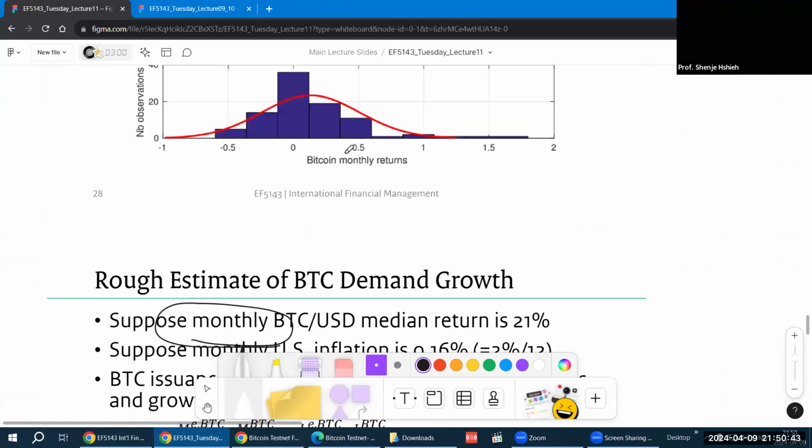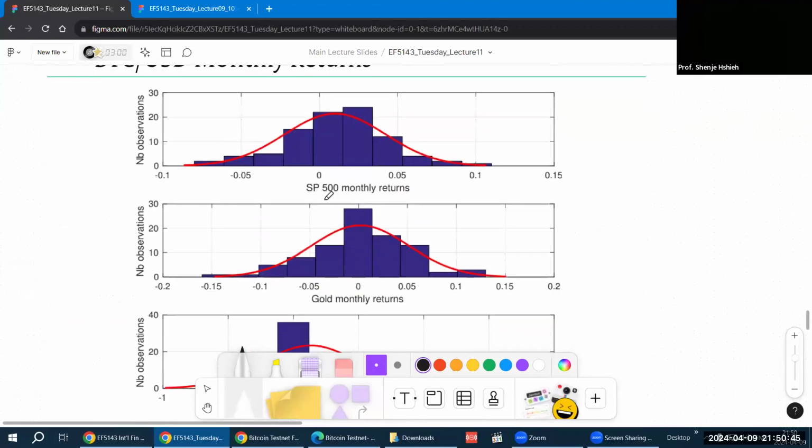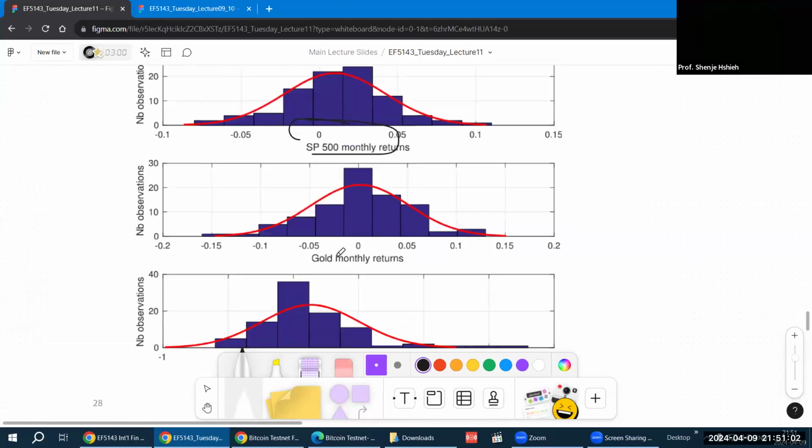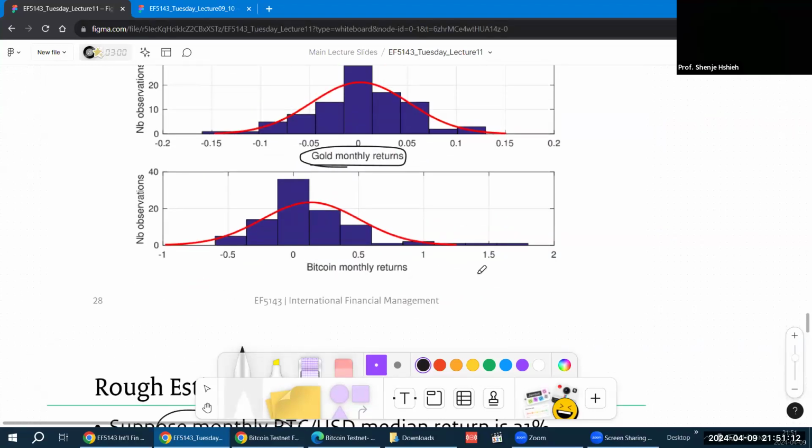Just to tell you how crazy Bitcoin is relative to the other asset classes, the S&P 500 has a distribution of monthly returns in the following. It has centrality between 0 and 5%. Obviously, it's crazy to go anything beyond 10%. For gold, 0 to 5% centrality, but again, crazy to go beyond 10%. Now look at Bitcoin.